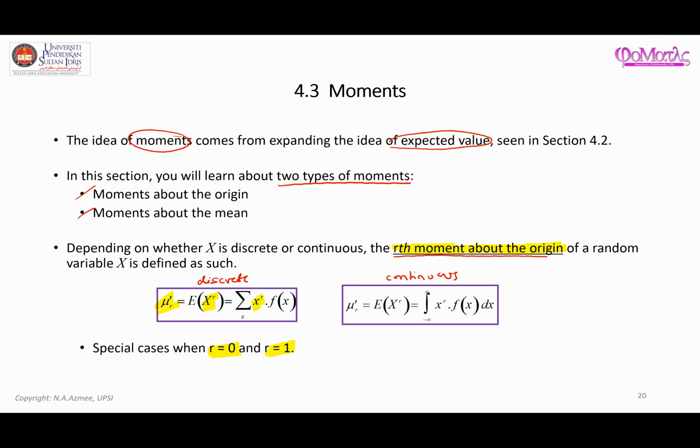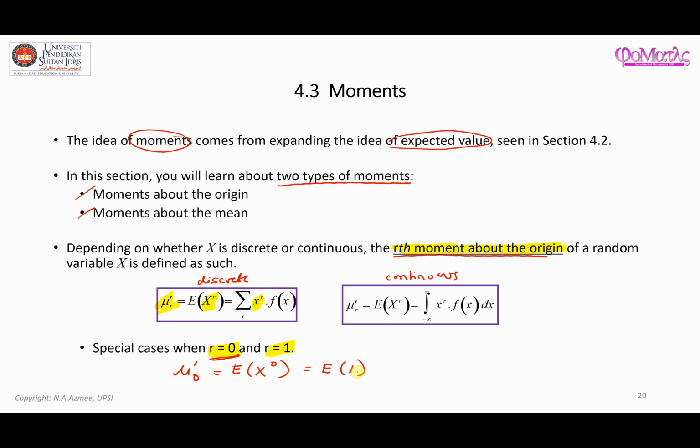When r is 0, what does it really mean? The zero moment about the origin is E[X^0], and we know anything with exponent 0 is equal to 1.